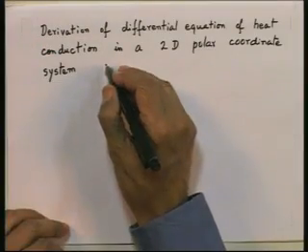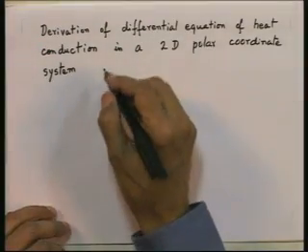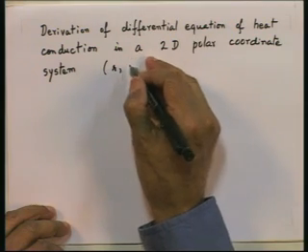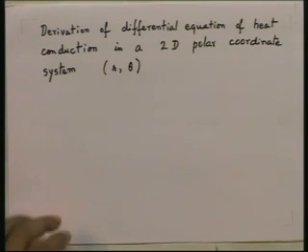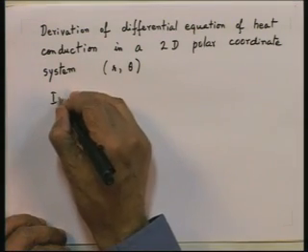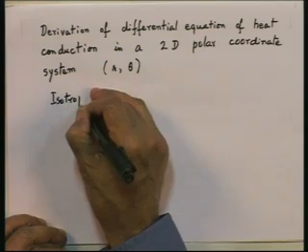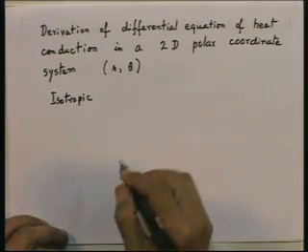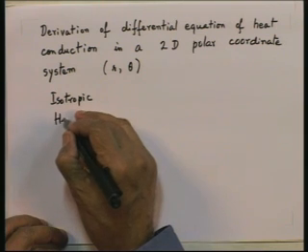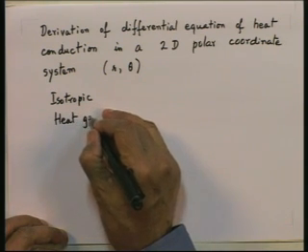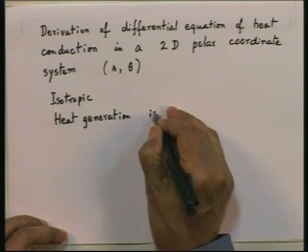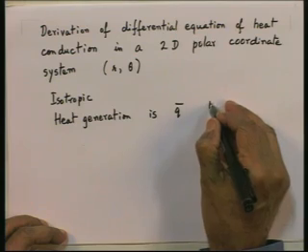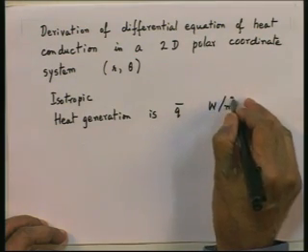So, let us say we are going to derive a differential equation from first principles, like we did for x, y, z, and we are going to do this derivation for an r theta coordinate system. Assume again material is isotropic and heat generation is Q bar, in so many watts per meter cubed.